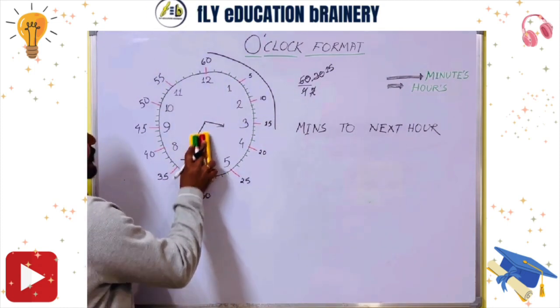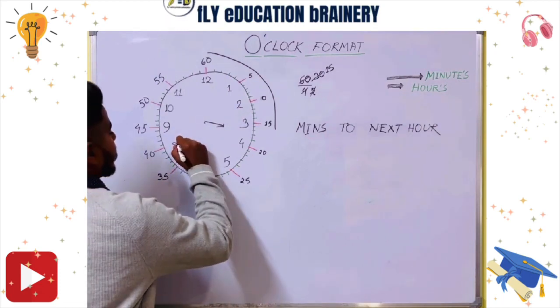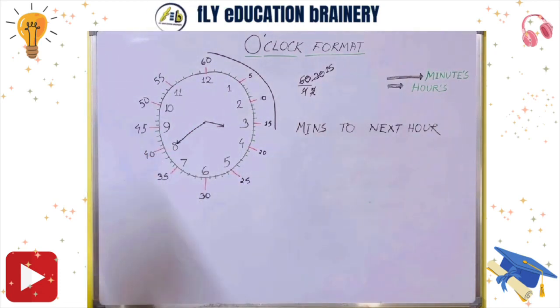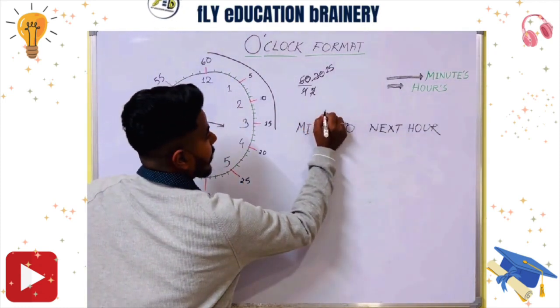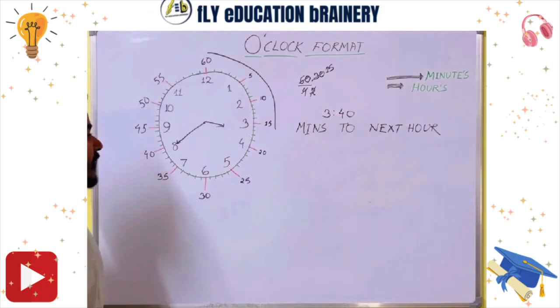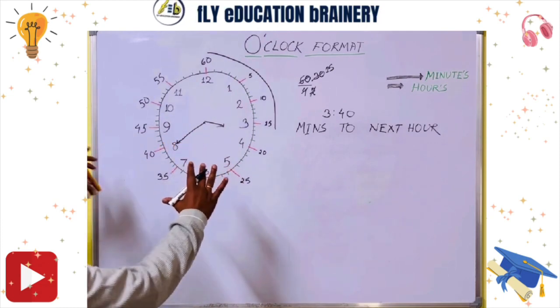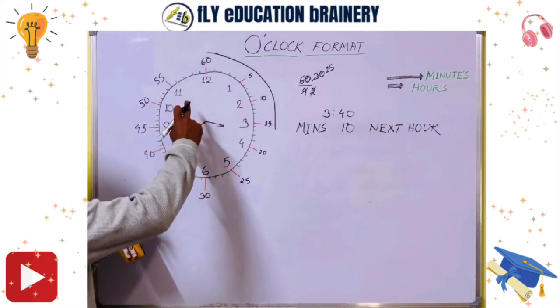Suppose it's 3:40. If we write it in a digital way, the time will be 3:40. But if we look at the clock, then we can clearly see that 20 more minutes are left.